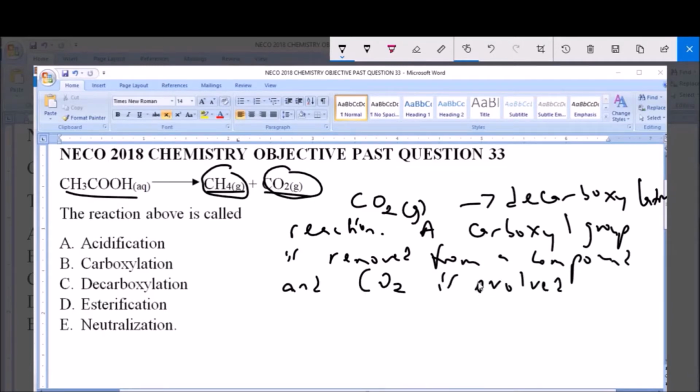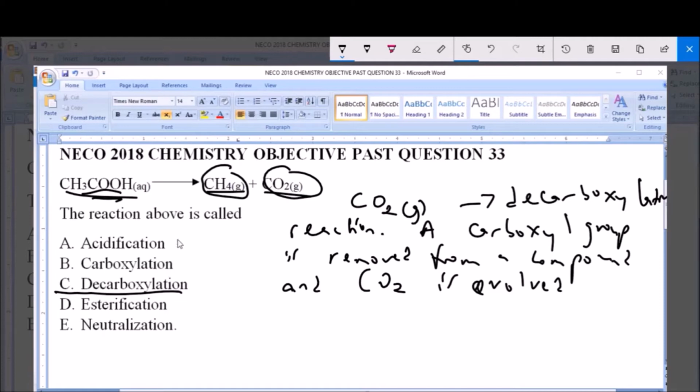So as you can see here, carbon dioxide is evolved as a result of removal of a carboxyl group from this compound. So decarboxylation is option C, which is the correct answer to the question.